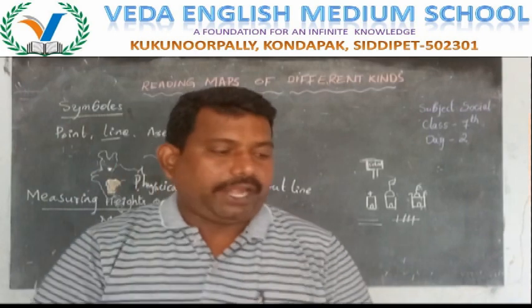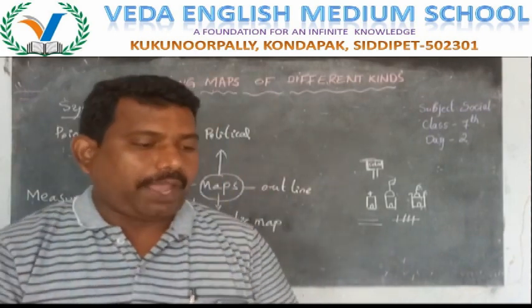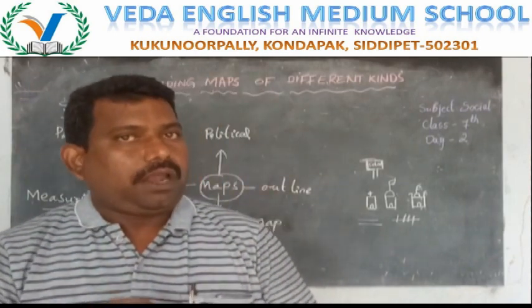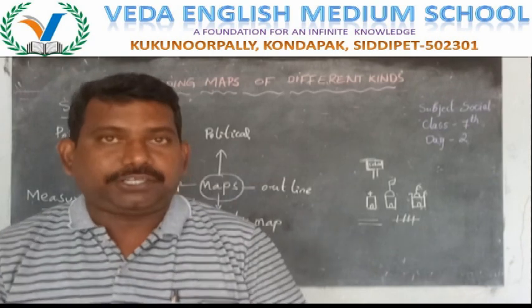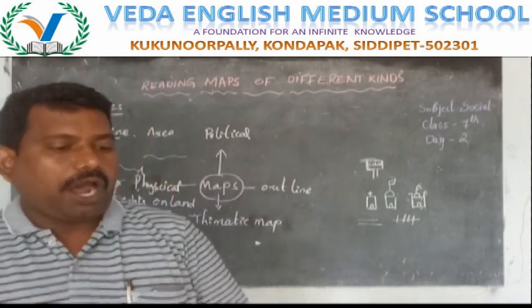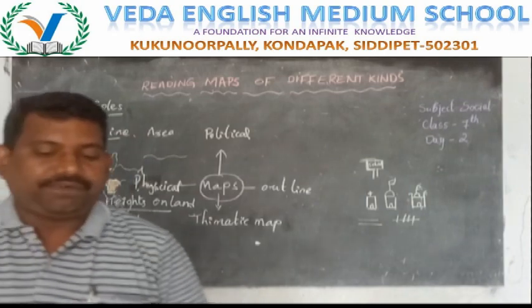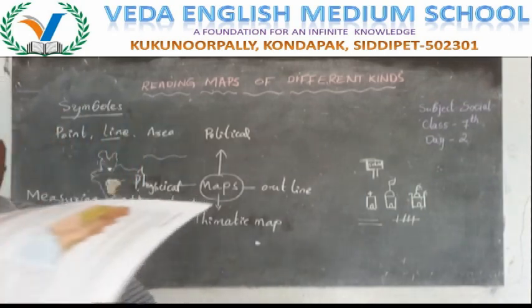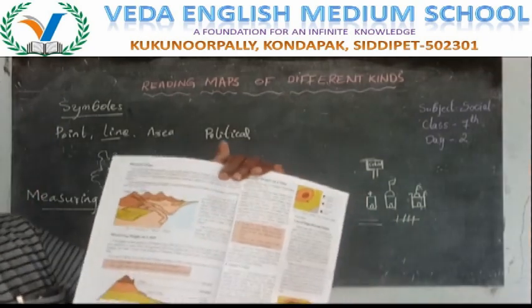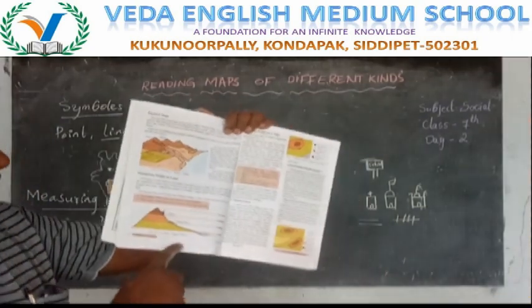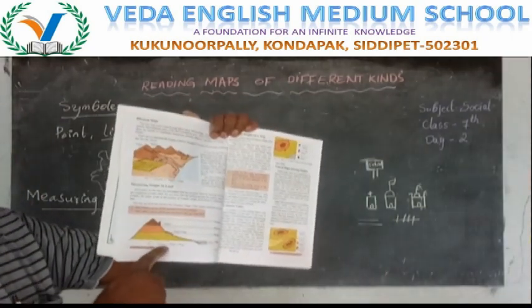So different heights on the map are shown in different colors. For example, take your textbook and see, here Nimpur village is shown.